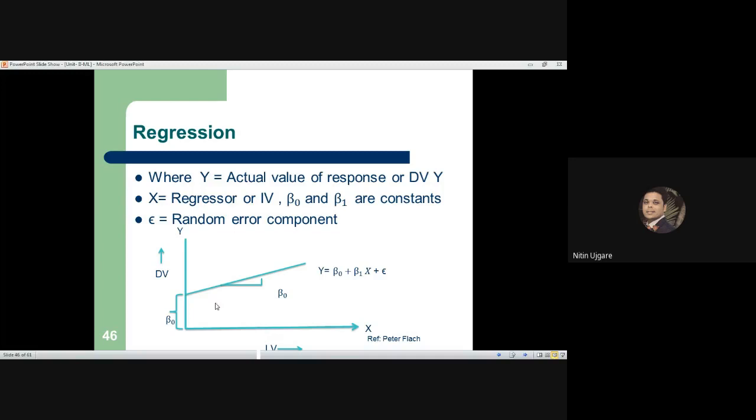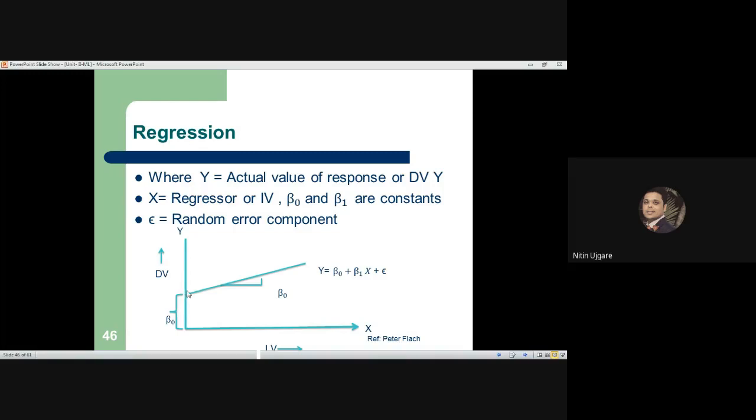The point where the linear regression line intersects the y-axis is represented as beta 0. So beta 0 is one of the coefficients, one of the model parameters of linear regression.